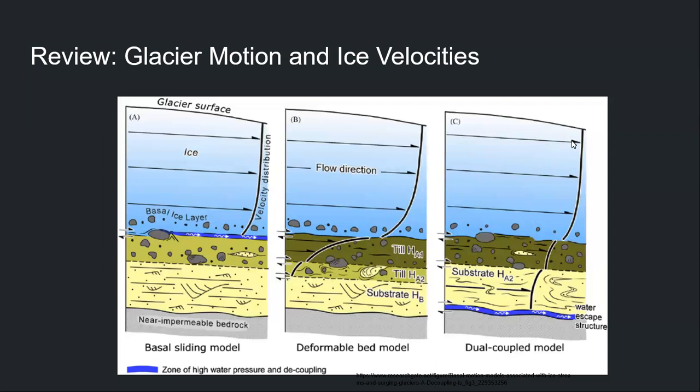So let's say that you have a glacier sitting on top of hydrated permeable sediment, and all of that is sitting on a thin layer of water, then all of that will move pretty fast. And if the ice is sitting on sediments that are basically dry, deformable but a bit dry, then all of that will move much slower.